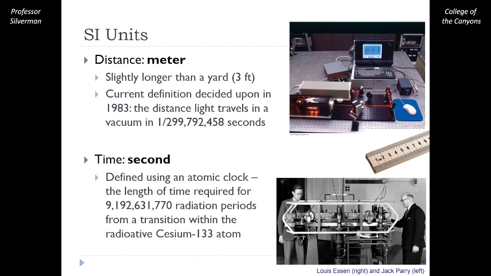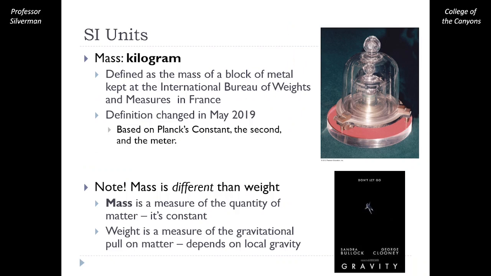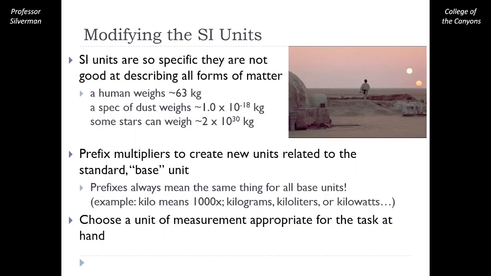Our base unit of distance is the meter. Our base unit of time is the second. Our base unit of mass is the kilogram. And there we go. That is what we will generally need for this course.